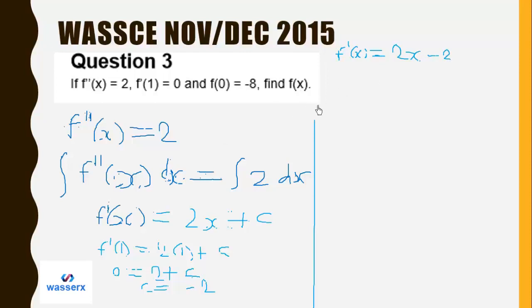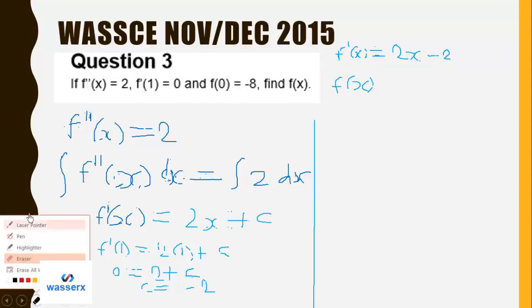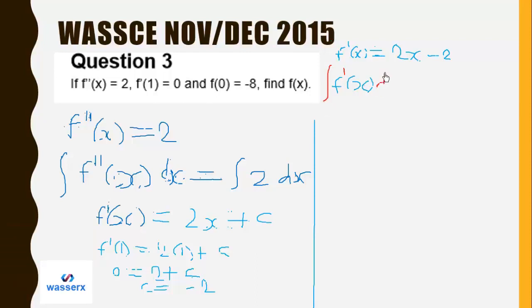Now we integrate both sides of this function again. So the integral of f prime of x dx is equal to the integral of 2x minus 2 dx.